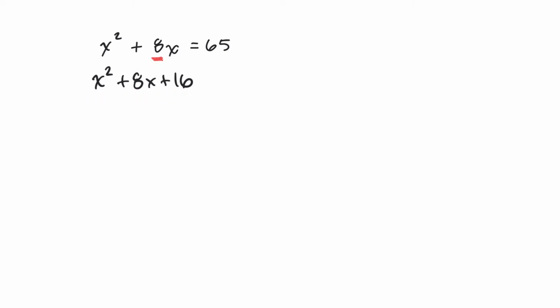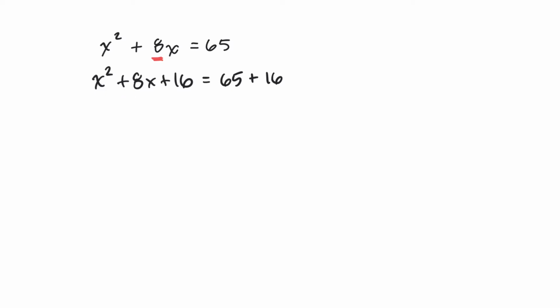And then, since we added 16 to the left-hand side of this equation, we also have to add 16 to the right-hand side, because we've got to keep our equation in balance. So equals 65 plus 16. Okay, so x squared plus 8x plus 16. Again, remember that would be factors of 16 that add up to 8.